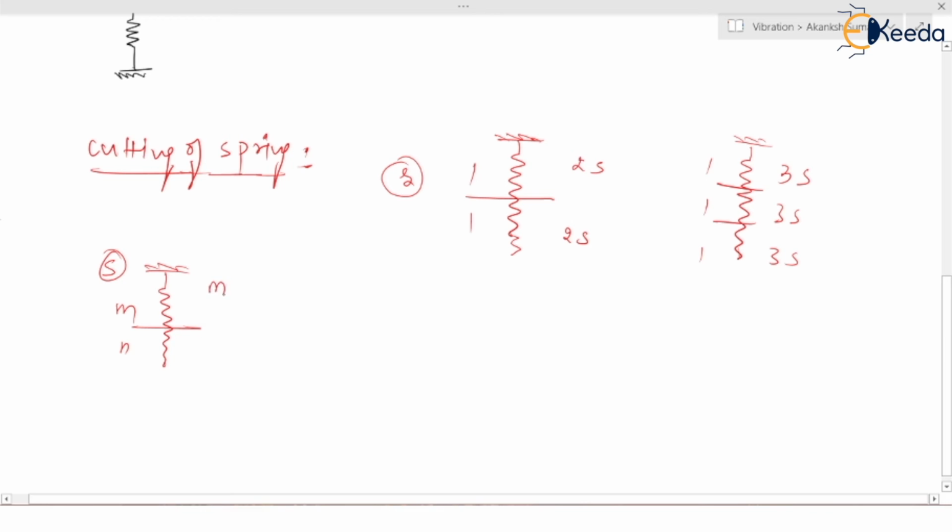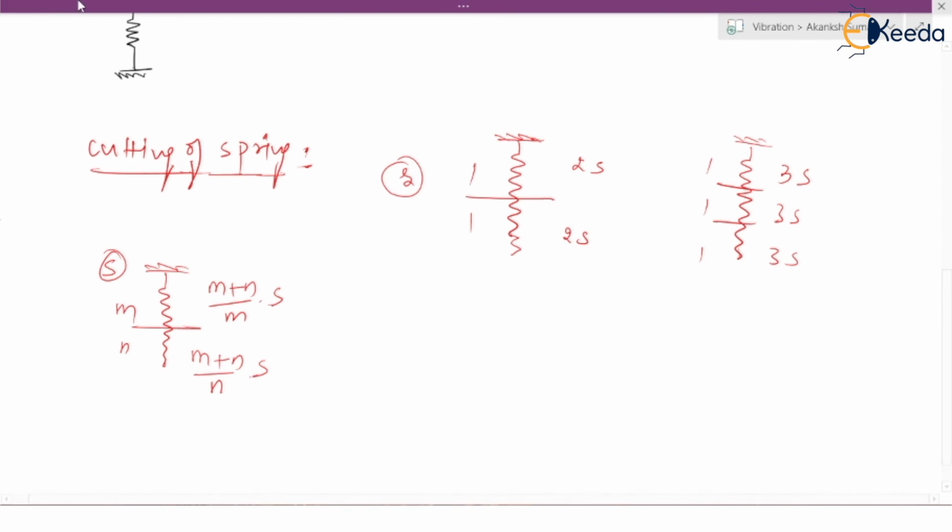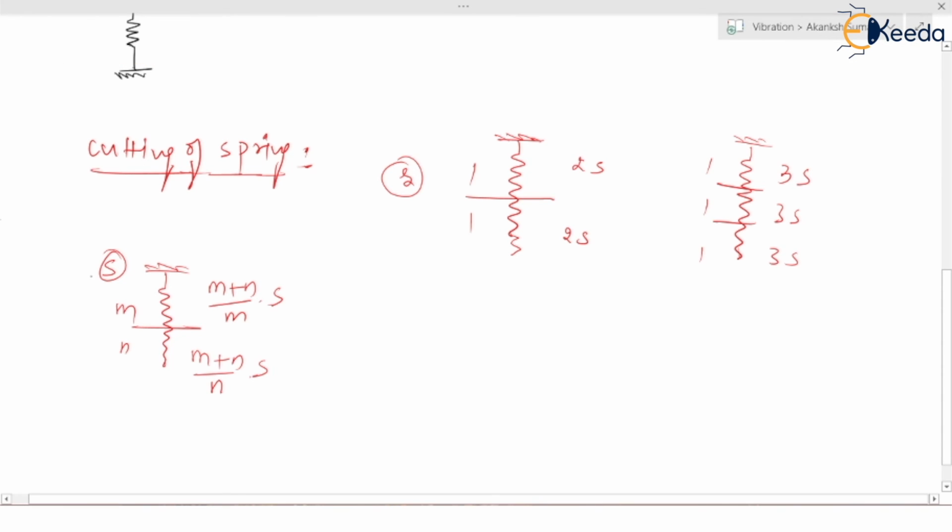The upper spring stiffness would be (m plus n) upon m times s, and the stiffness of the lower spring would be (m plus n) upon n multiplied by s. This is the general formula. You must remember this in order to find the stiffness after cutting.